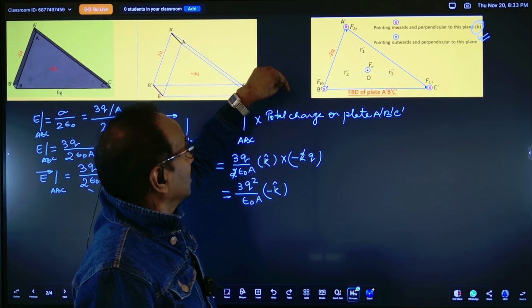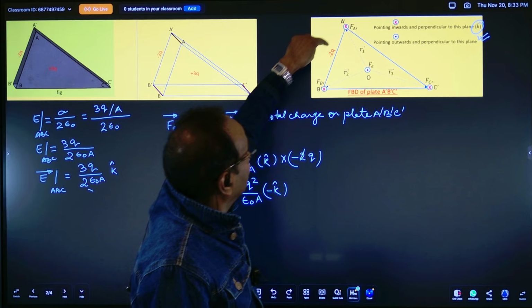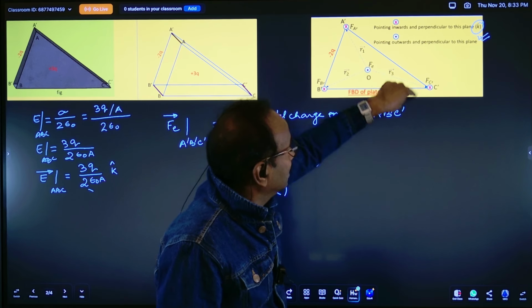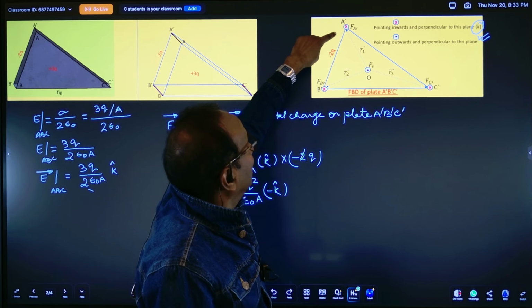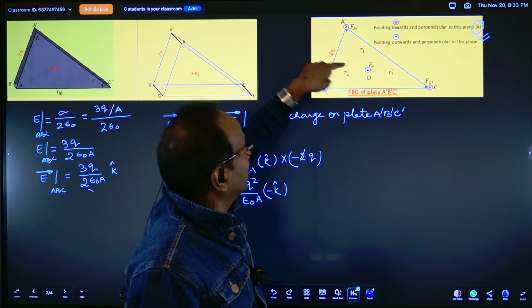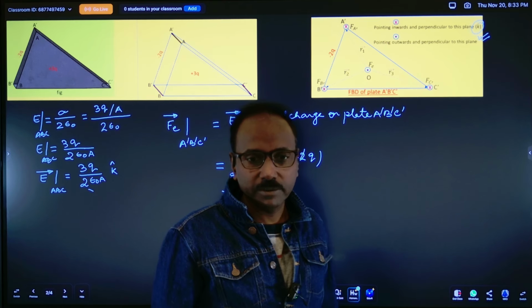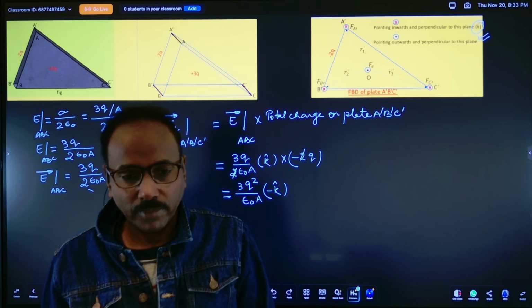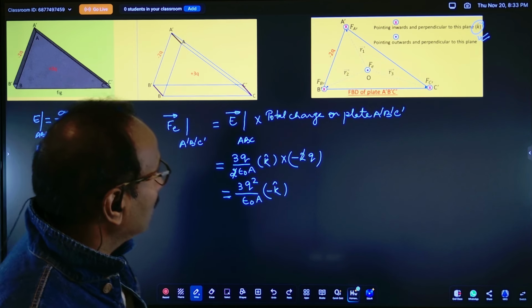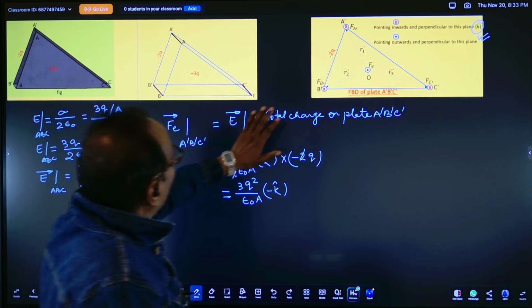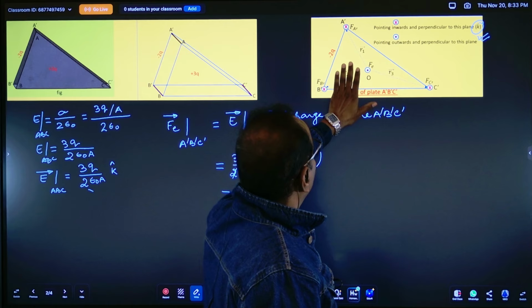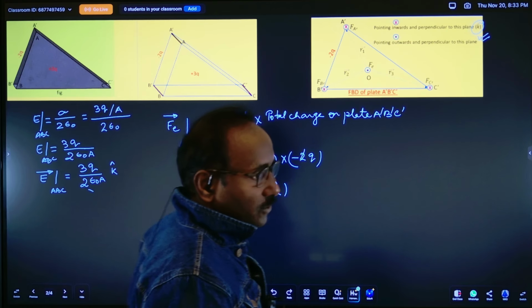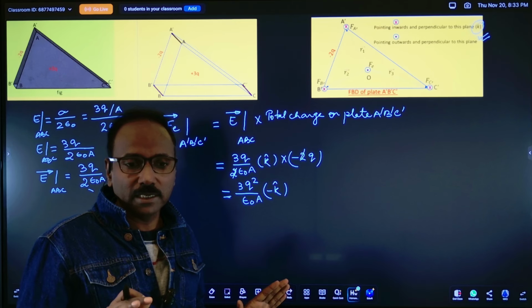The forces the rod is exerting at the corners A prime, B prime, C prime are inward: Fa prime, Fb prime, and Fc prime. There is no movement of the plate. There is no acceleration of the plate as per the question.